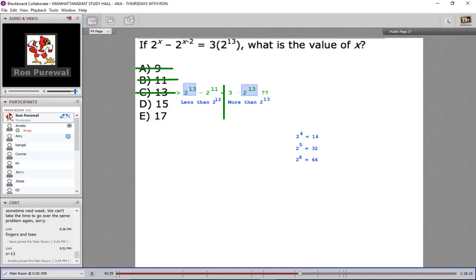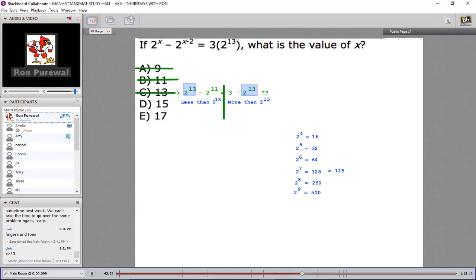If you have a great memory, you could try to memorize these, but it's not terribly necessary because it's not that hard to just calculate it. This is approximately 125. So then 2 to the 8th is approximately 250. 2 to the 9th is approximately 500.